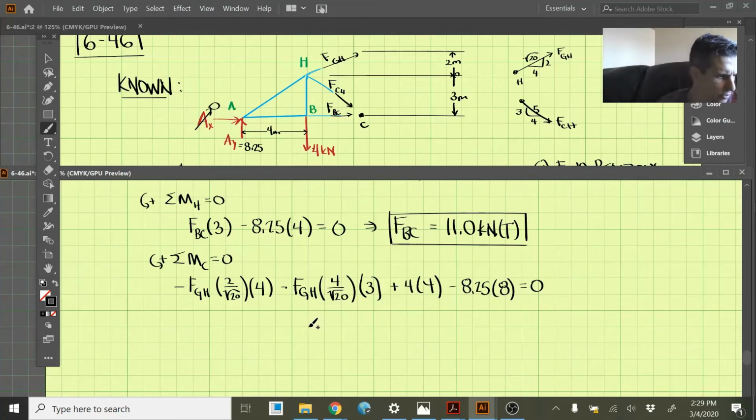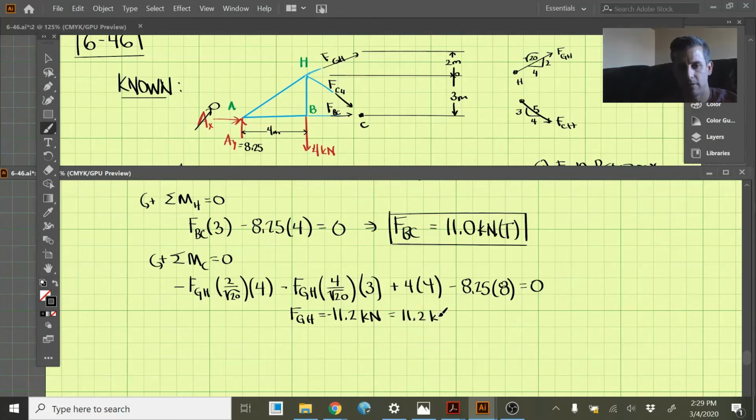Now we should be able to solve that, and FGH comes out to be 11.2 kilonewtons, and it actually comes out to be negative here, and that indicates that it's in compression, so we have 11.2 kilonewtons in compression.